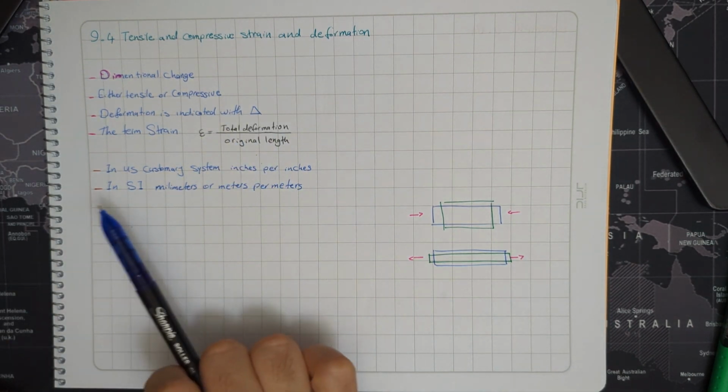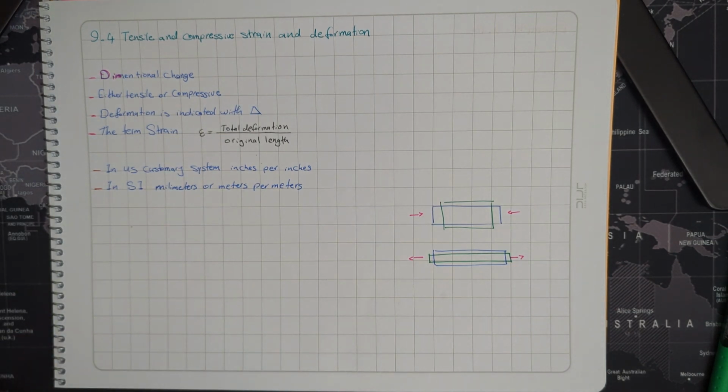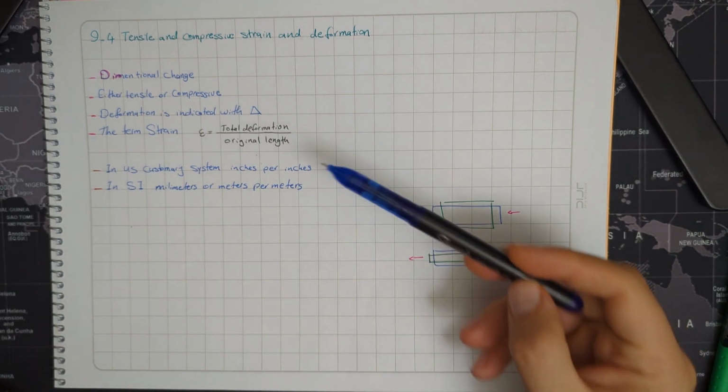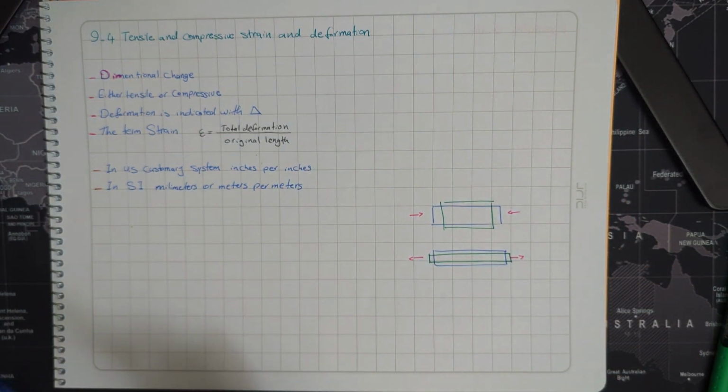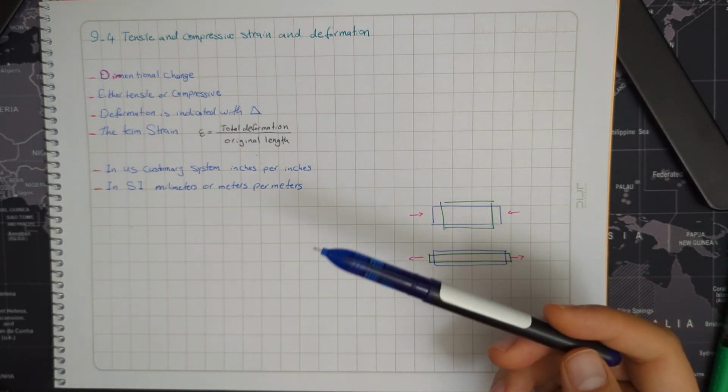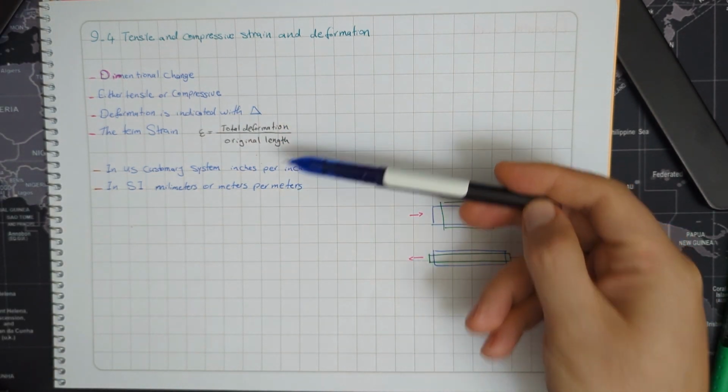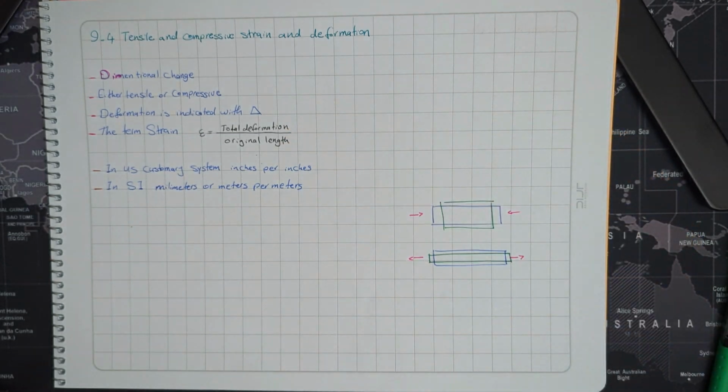In the US customary system, a strain is inches per inch. But in the SI system, it is millimeters over millimeters or meters over meters.